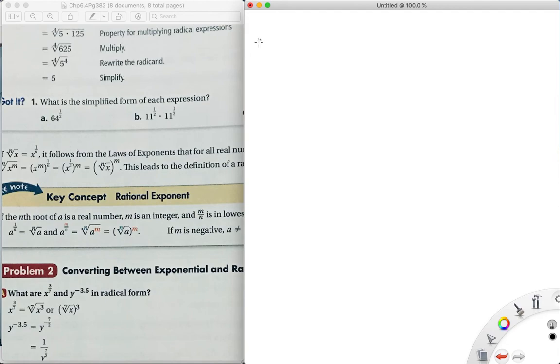Alright, so they want you to write the simplified form of the expression. So 64 to the 1/2. Again, that's the same thing I'm doing, square root of 64, which is 8.